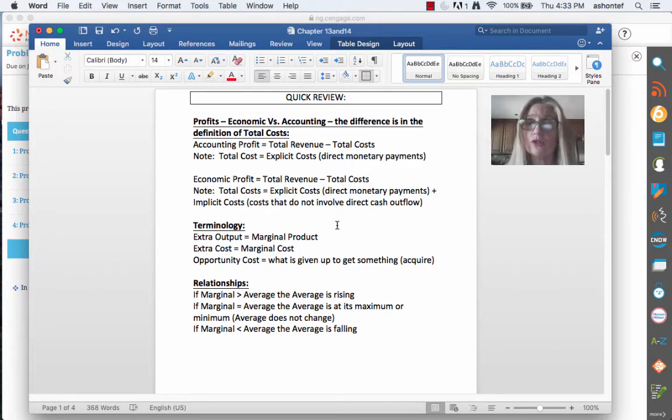If your marginal extra grade you get is the same as the grade point average or average that you came in with, let's say you started with 3.0 and you get a B in the class, which is also a 3.0, your average wouldn't change. And then if your marginal or your extra is less than your average, so you came in with a B average but you then get a C in the class, that's going to drive down your average. So you'll want to think about all of these terms as we go through these homeworks in Chapter 13.